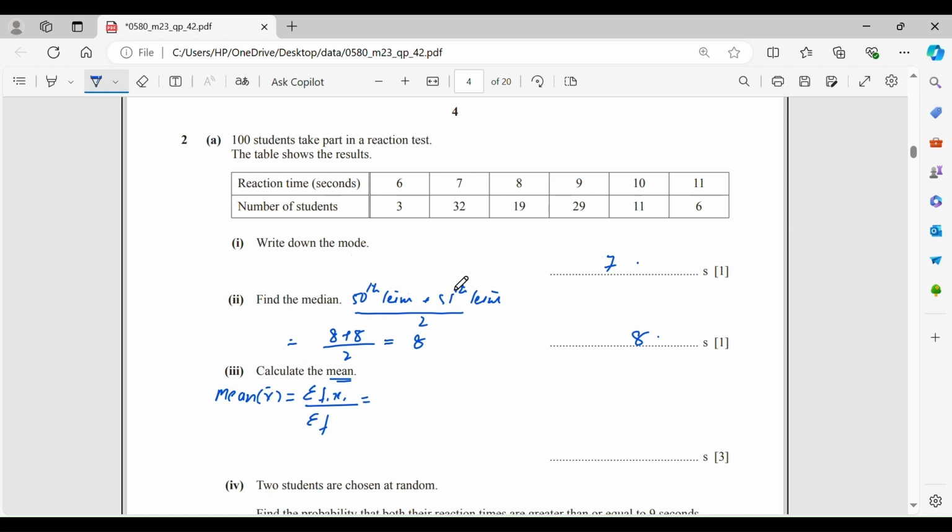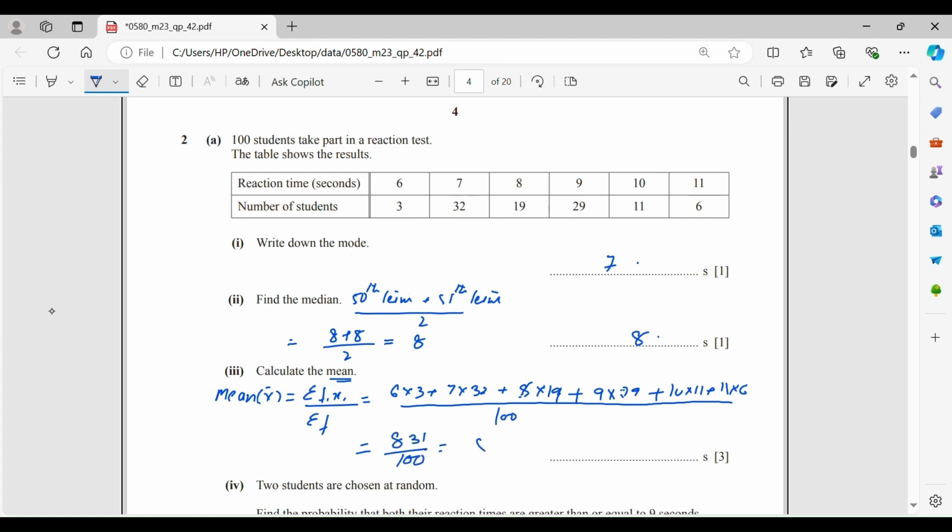So this will be equal to 6 into 3 plus 7 into 32 plus 8 into 19 plus 9 into 29 plus 10 into 11 plus 11 into 6 over 100. So we will use the calculator for this, which will be equal to 831 by 100. So our mean will be 8.31. So our answer is 8.31.